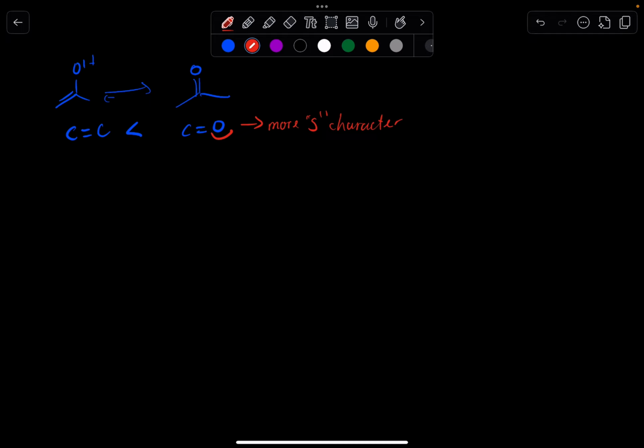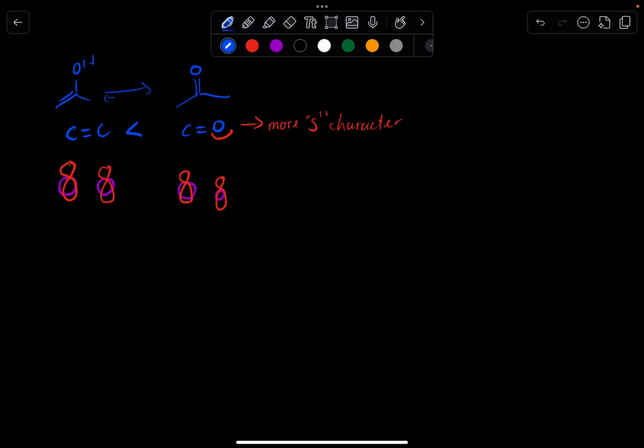Now, what do I mean by this? If you draw out the relative size of these molecules, an O atom is a lot smaller than a carbon atom, whereas two carbon atoms are of the same size. So if we were to draw out the p orbitals of these atoms, which looks something like this, of course we're drawing it in the y-axis.